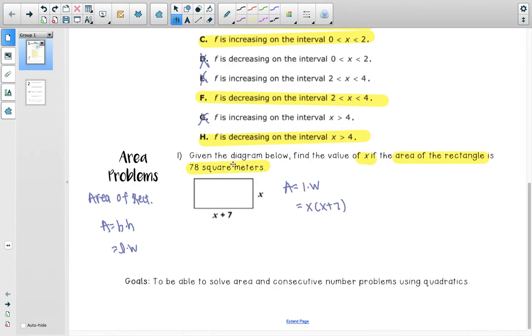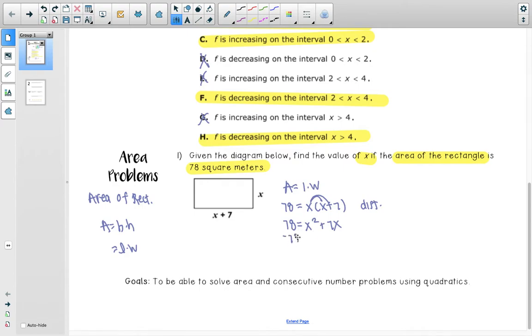And it says that the area is 78, so we're really going to fill it out. Now we need to solve for x. And there is a rule called the zero product property that we learned earlier, where you can set each factor equal to 0. Well, this has to be equal to 0. That's 78. So we have to do a little bit of math. So here we're going to distribute the x's. So we have x squared plus 7x, and we need this equal to 0 and the x squared positive.